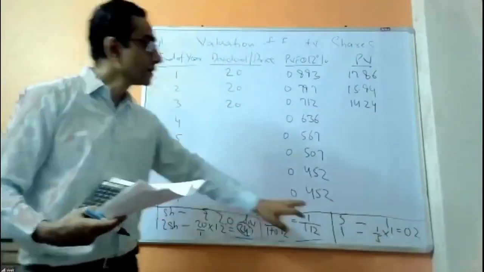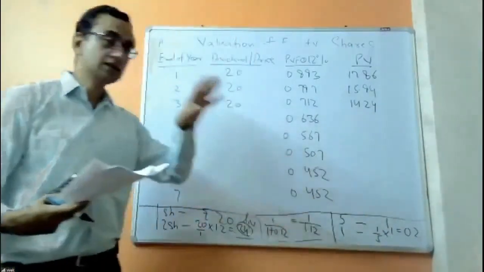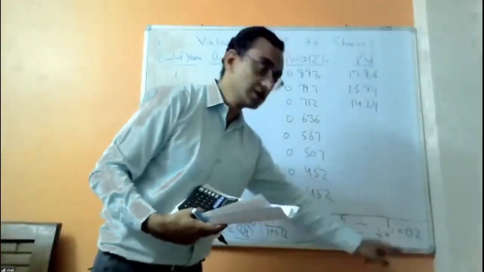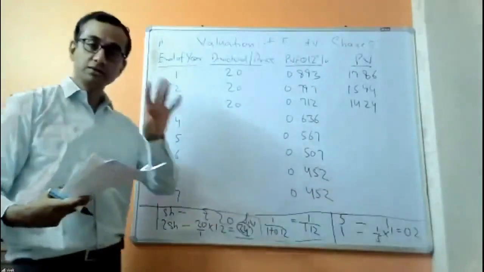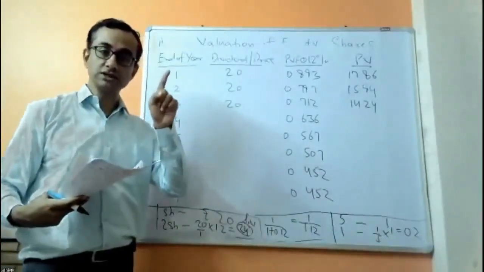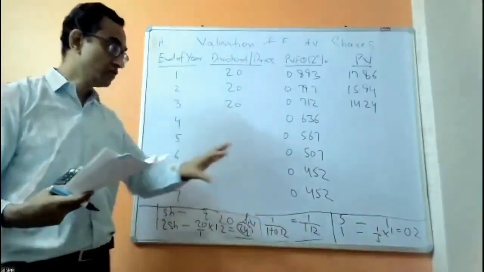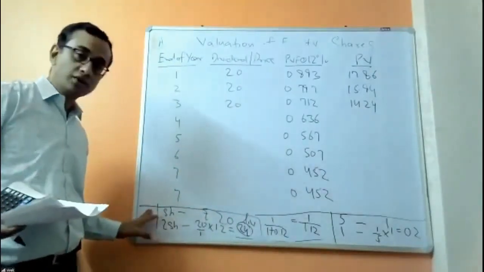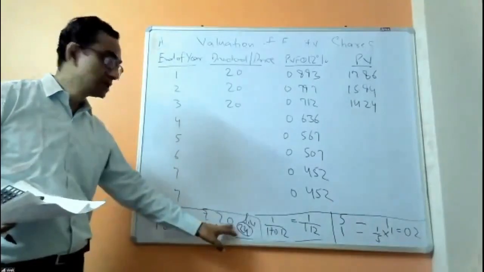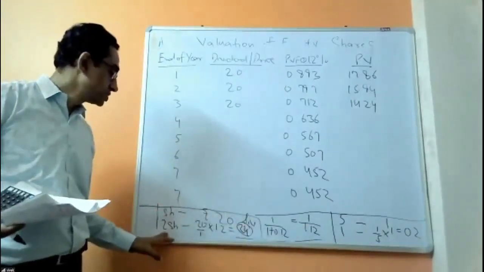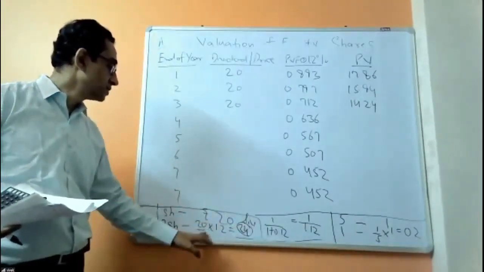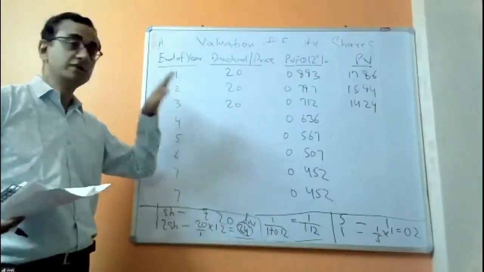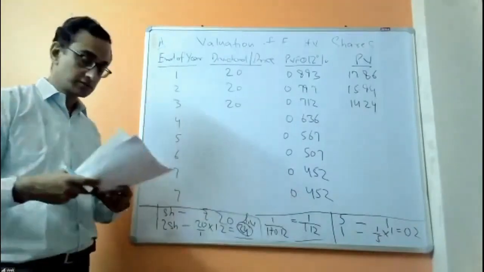It is given in the question. In this question, we are assuming that the investor is holding 1 share. So, for 1 share, the bonus shares issued are 0.2. After the bonus issue, total shares are 1 existing share plus 0.2 bonus, so 1.2. Previously, for 1 share he was receiving 20 as dividend. So, for 1.2 shares, he will receive 20 into 1.2, that is 24. So, from the 4th year onwards, his dividend will be rupees 24.